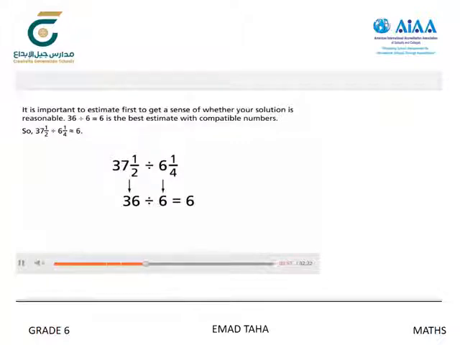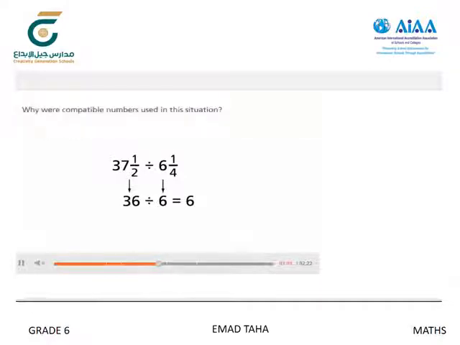So 37 1/2 divided by 6 1/4 is approximately equal to 6. Why were compatible numbers used in this situation? Rounding would have resulted in 38 divided by 6, which is not easy to compute mentally.